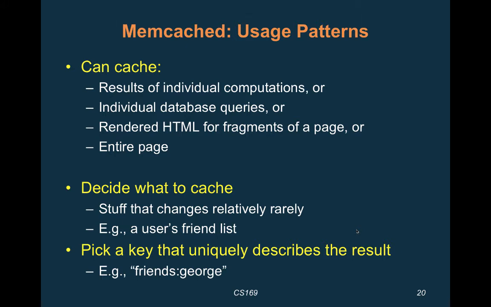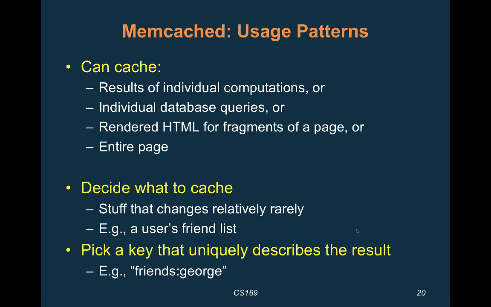So whatever computation you're doing, sometimes you may even want to save database queries. Instead of sending this query to the database, I'm going to store the result in the cache such that I don't have to go to the slow database to recompute it. Or perhaps you make several queries to the database using your models, and you construct a partial view for the top part of your page.